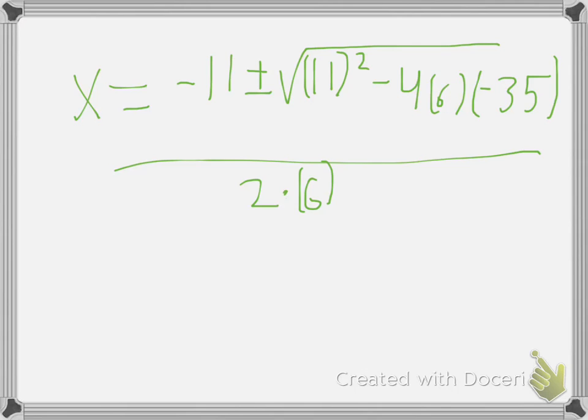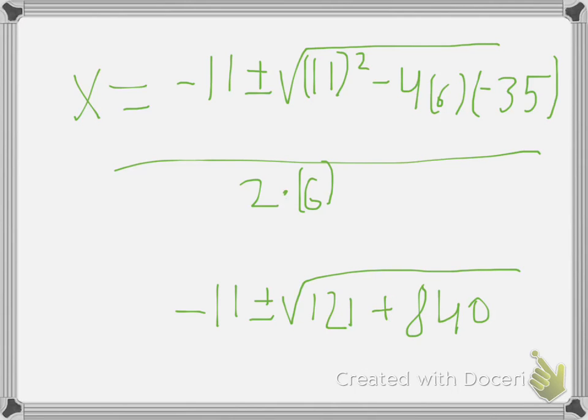So, for our equation, we'll simplify it to negative 11 plus or minus the square root of 121, because 11 squared is 121, plus 840, because negative 4 times 6 times negative 35 is equal to 840. And then this is all over 12, because 2 times 6 is 12.